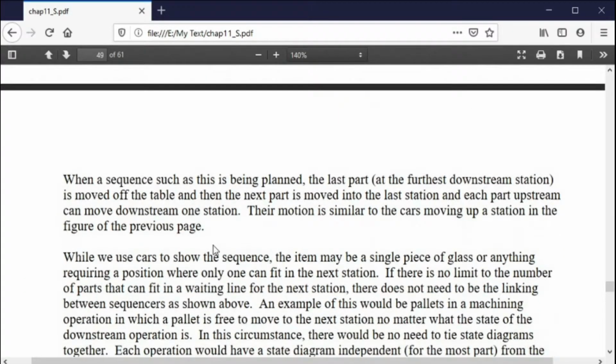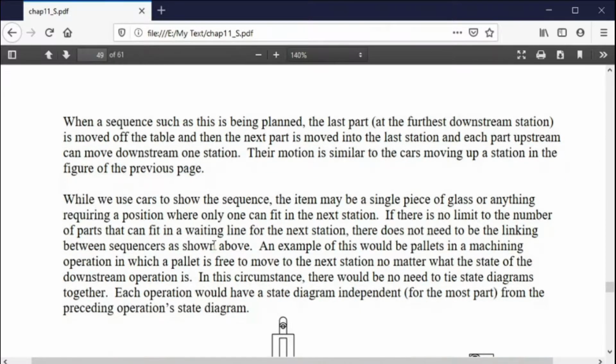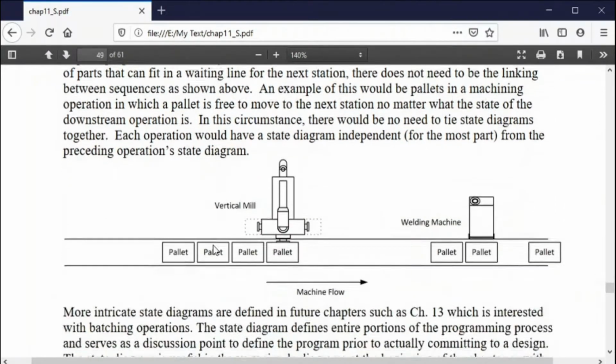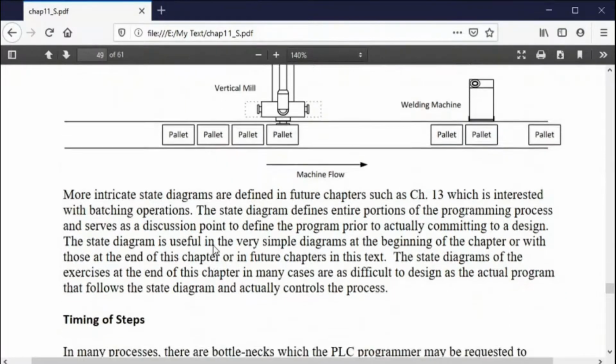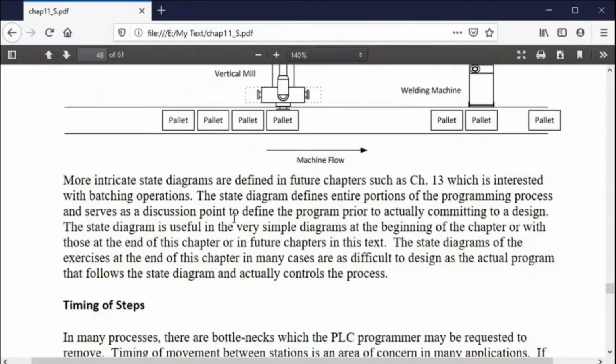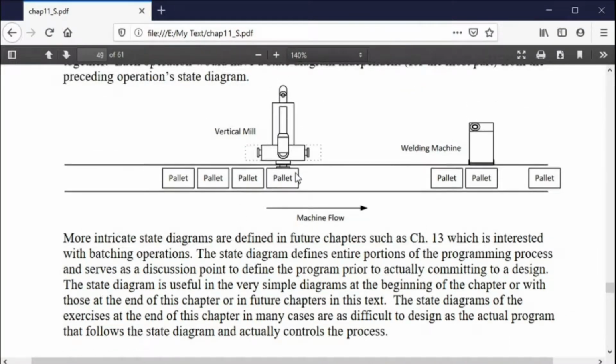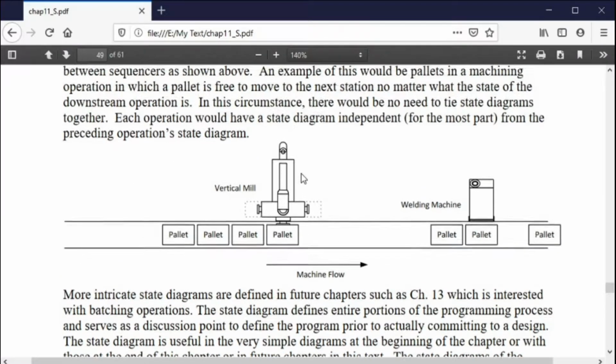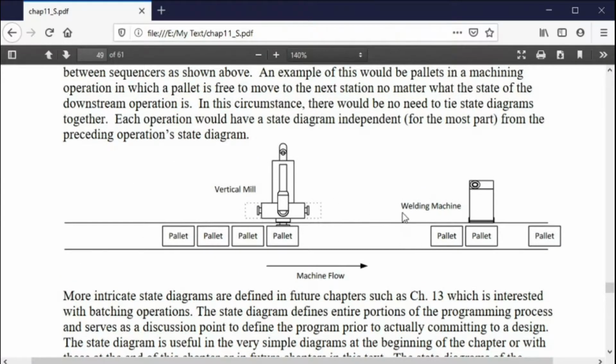Going back into other people's programs is extremely difficult, and if you can look at the process and figure it out that way, many times it helps a lot. Again, this would be a moving of parts from station to station, like the ability to move from state to state.